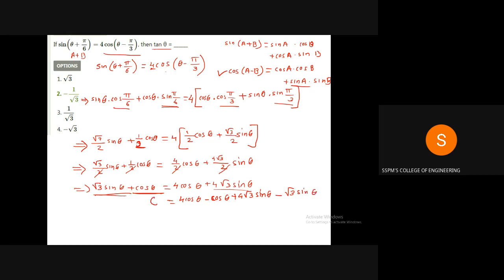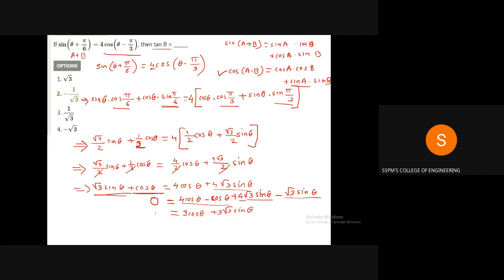So 0 will remain here is equal to, now 4 cos theta minus cos theta, that is 3 cos theta. Similarly here 4 root 3 sin theta minus root 3 sin theta is equal to plus 3 root 3 sin theta.